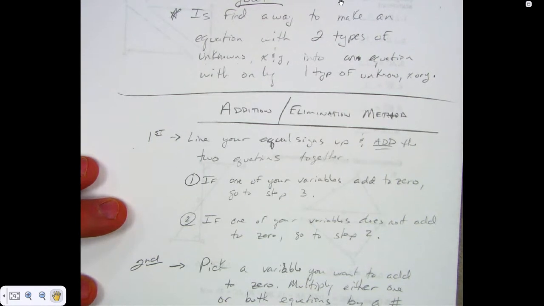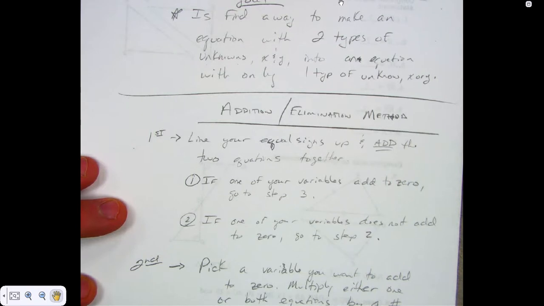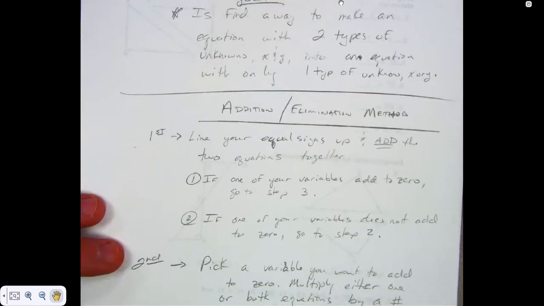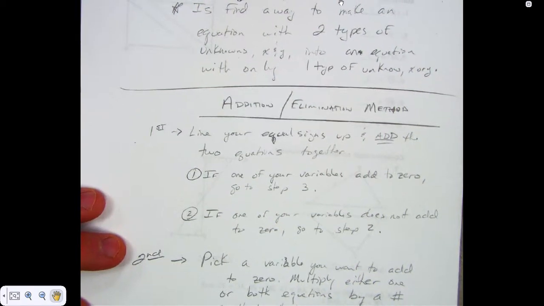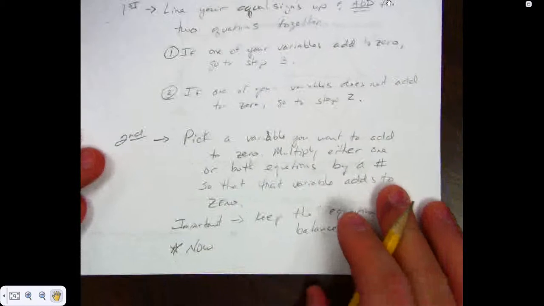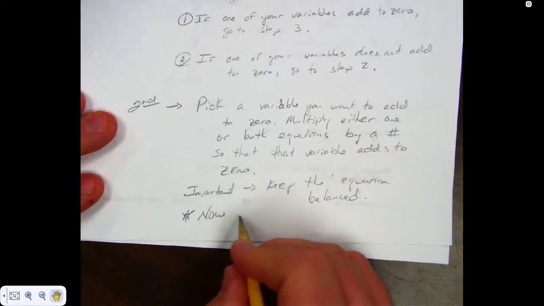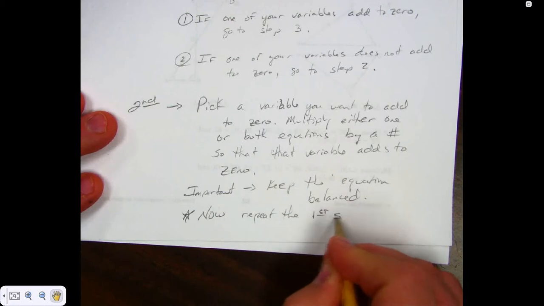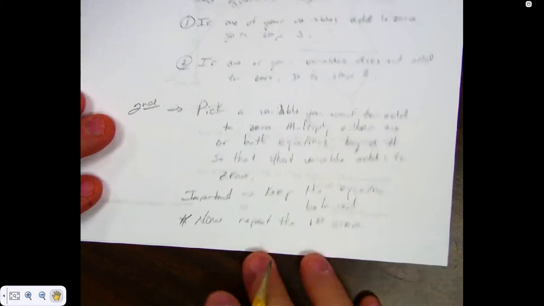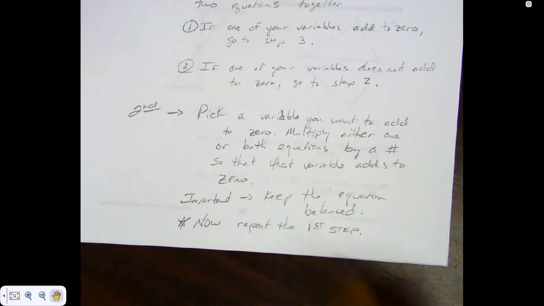Important: keep the equation balanced. So to keep it balanced, if we do it to one side, we have to do it to the other? Exactly. Now, repeat the first step. Add them together. If one of your variables adds to 0, then you get to go to step 3. If not, go right and try step 2 again.